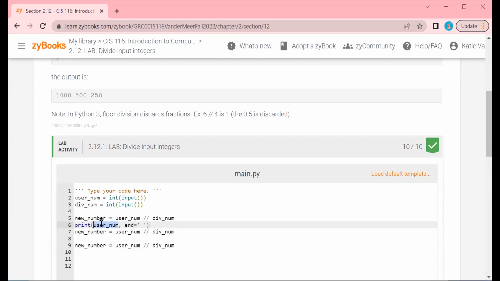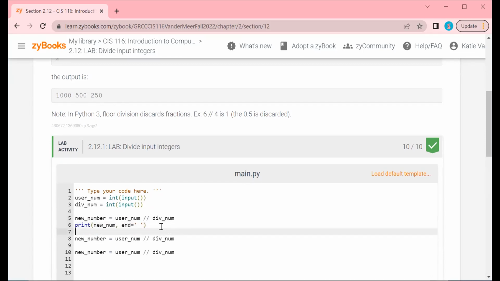let's see. That's why my print statement says end equals the space, because print by itself throws in that return. And then the last one didn't have it.